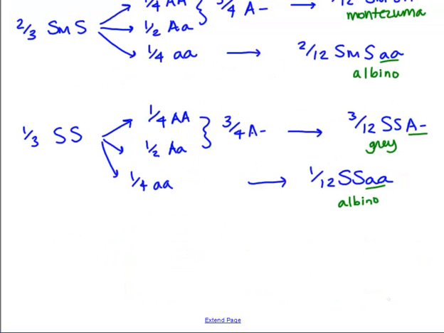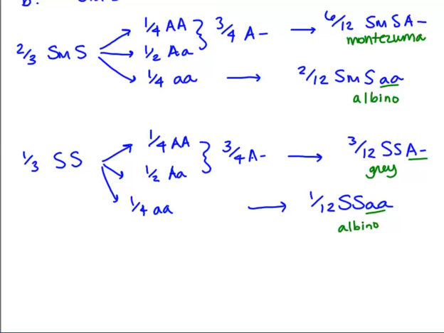So, in this cross, you have 6 Montezuma, 2 plus 1 is 3 albino, to 3 gray. And these are the offspring ratios for B.